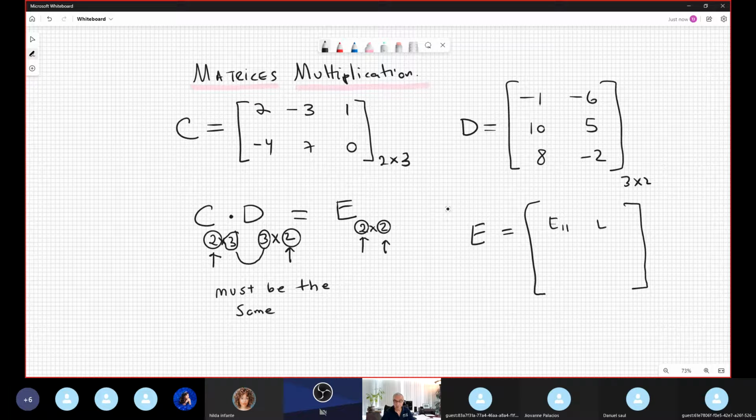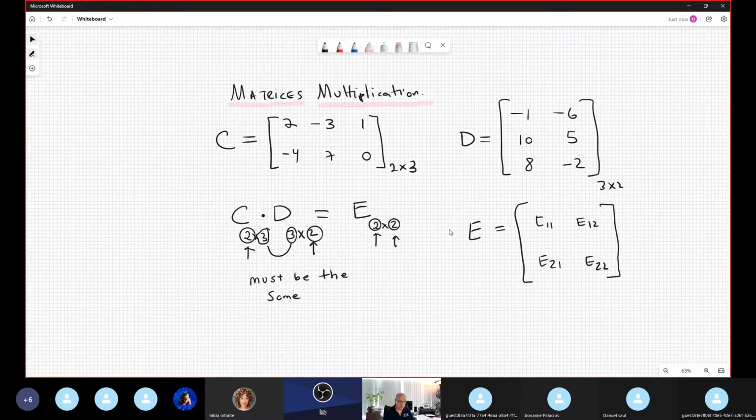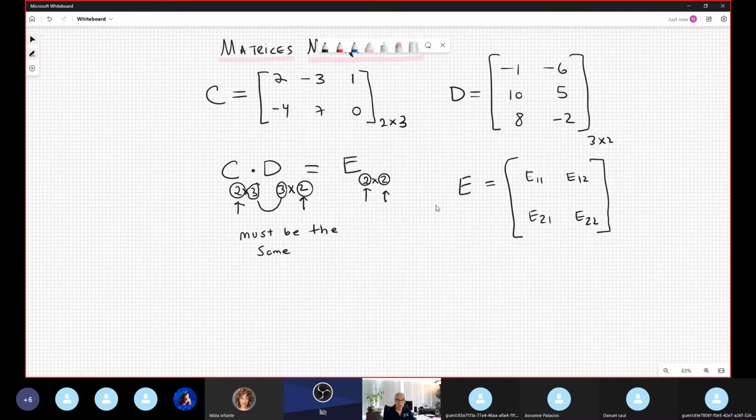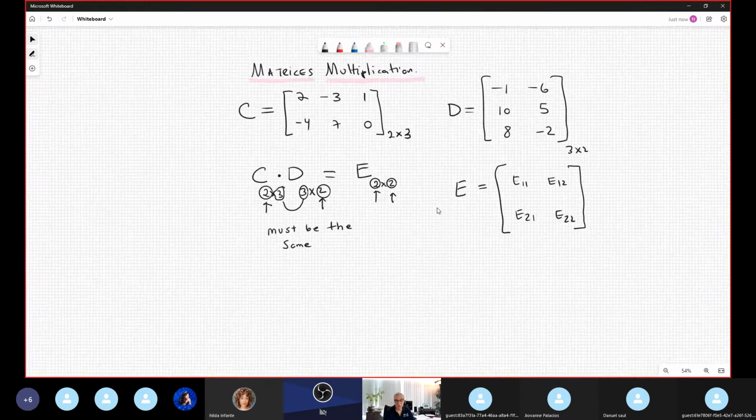E11, E12, E21, E22. Okay, let's do it. There are different ways to perform a multiplication. I want to explain two. Suppose E11 is the element here.